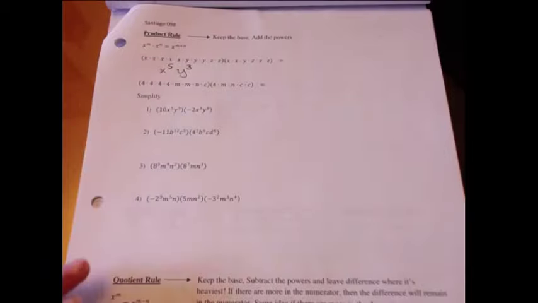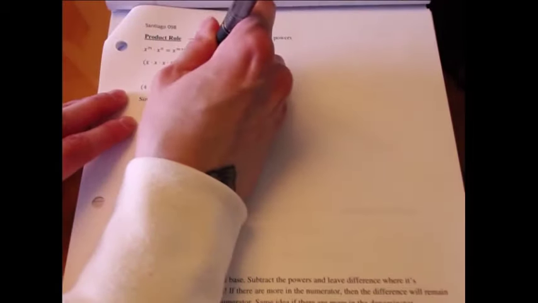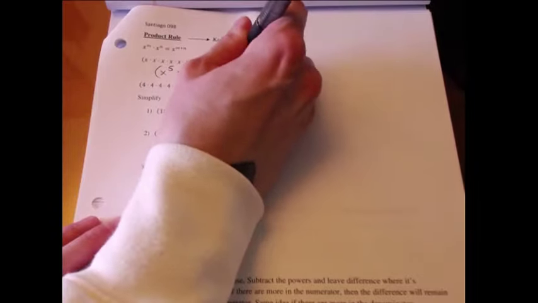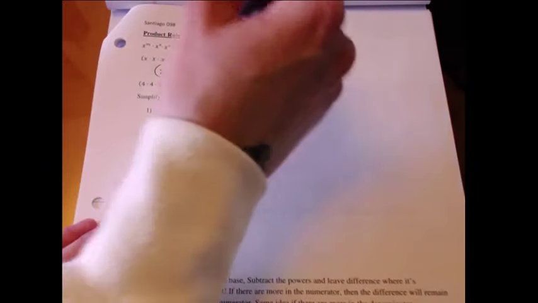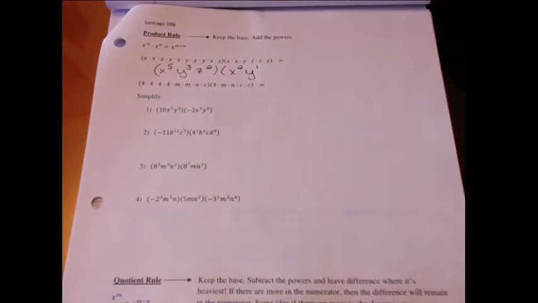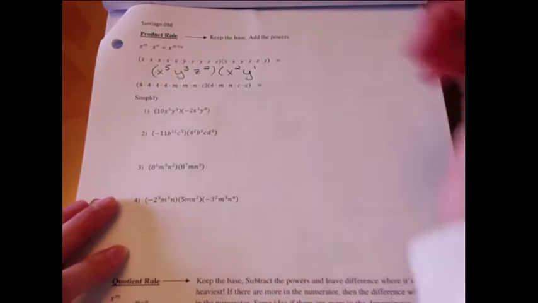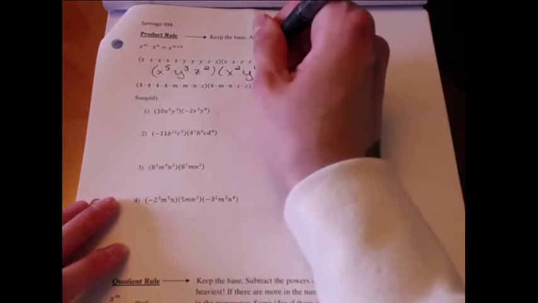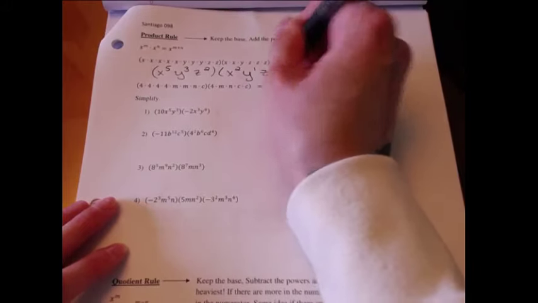Notice we have z times z, and we can rewrite that as z squared. So that's what goes in my first set of parentheses. In my next set of parentheses, I have x times x, so we can rewrite that as x squared. We have a y, and I could write that as y to the first power, if that makes things a little bit more clear for you. And then z times z times z, well, we'll write z to the third power.